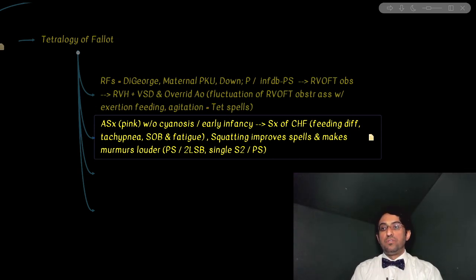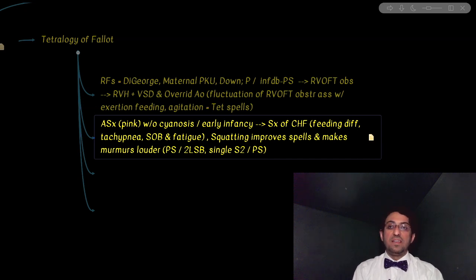Vignette for differential diagnosis. We have a kid with upslanting palpebral fissure, furrowed tongue, and a harsh systolic murmur. What is the diagnosis if this infant has fixed splitting S2?